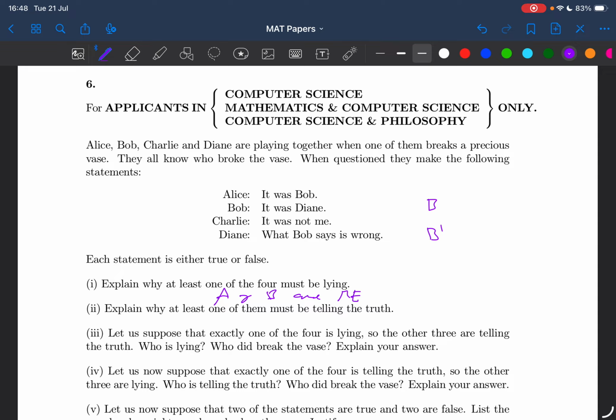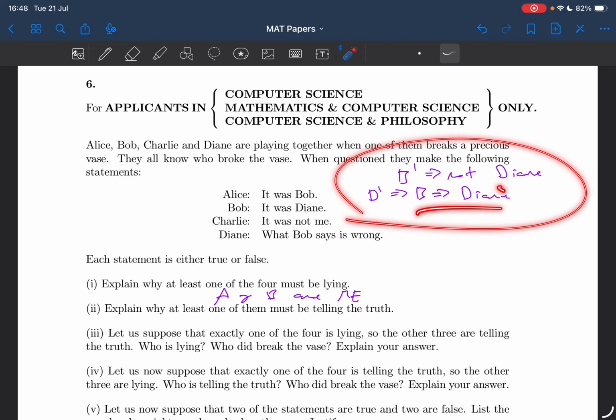So Diane and Bob cannot both be lying. Let's think about it. If Bob was lying, it's not Diane. So let's think that way around. If Diane lies, then what Bob says is true. So that tells us that it is Diane.